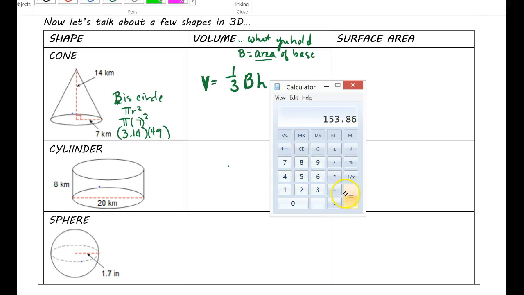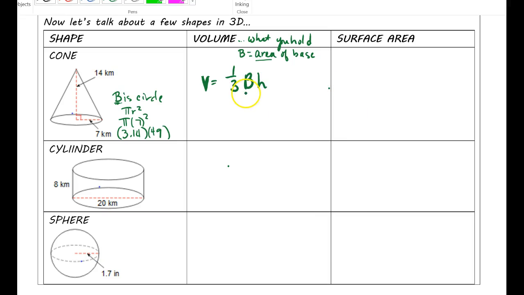And with those numbers, I get 153.86. That is the number, ladies and gentlemen, that's going to go in the place of big B. All this work was just for big B. So 153.86 is going right here.